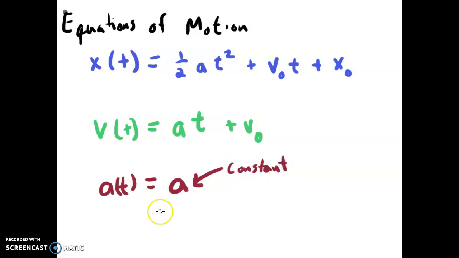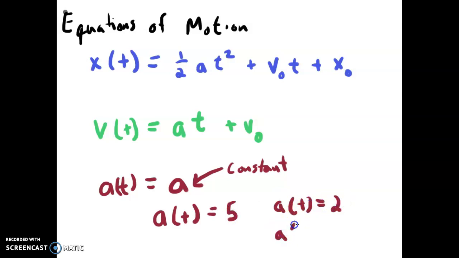What I mean by constant, I'll put an example up here, is a of t might equal something like 5, or a of t might equal 2, or a of t might equal -1, or a of t might equal 0. In all of these cases, it always just equals a single number. It's constant. It's unchanging.